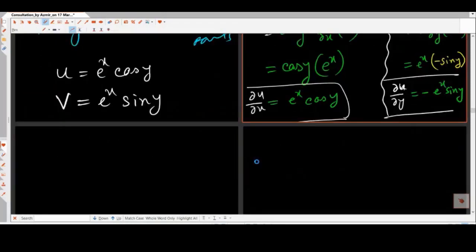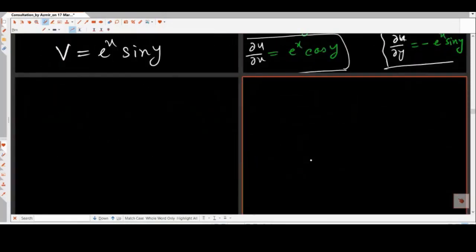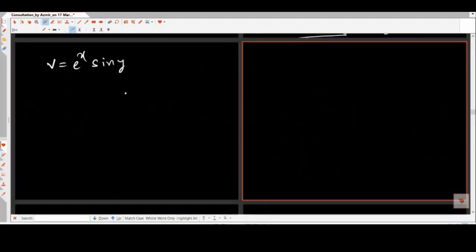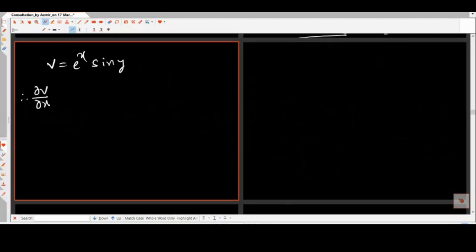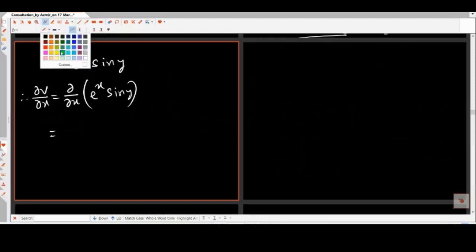Let's try to find dv dx and dv dy similarly. So here we have v equals e to the x sine y. First dv dx, that is d dx of e to the x sine y. So again, we are differentiating in terms of x.